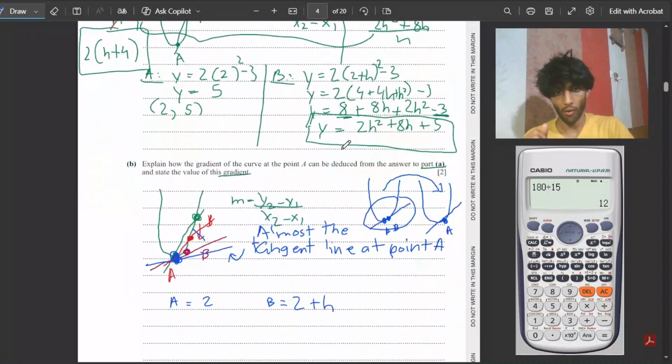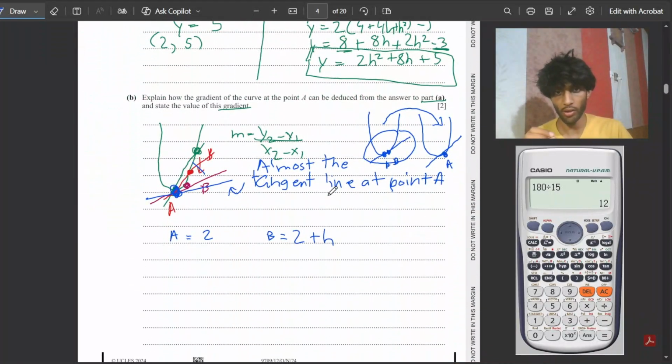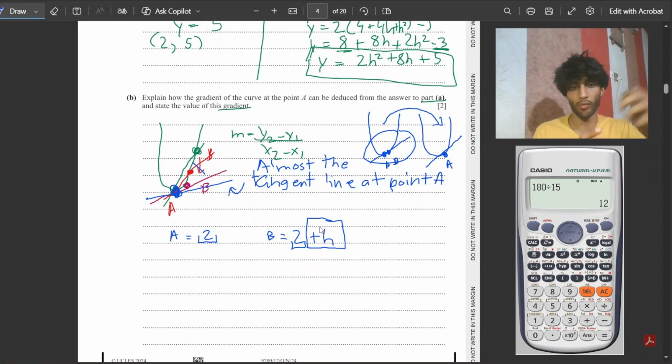So over here, what I'm really doing is, there are 2 points, A and B, and what are they separated by? This has a 2, this has a 2. The only difference is you're adding some value h into that B coordinate that makes it go away from the A coordinate. So if you put in a tiny value, let's say 0.1, it's going to be super close to A. If you put in 10, it's going to get really far from A. If you put in 100 or 1000, it's going to get really, really far.